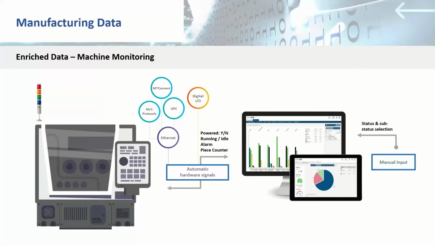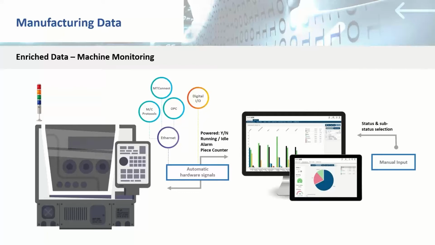How do we collect the machine monitoring data? So how's that used? There are different protocols that can be used, such as MT Connect, OPC, Planet Focus, to name a few of them. And this information can be passed via Ethernet if we're using one of those particular protocols. But where the resource doesn't have that capability, we can use hardware.